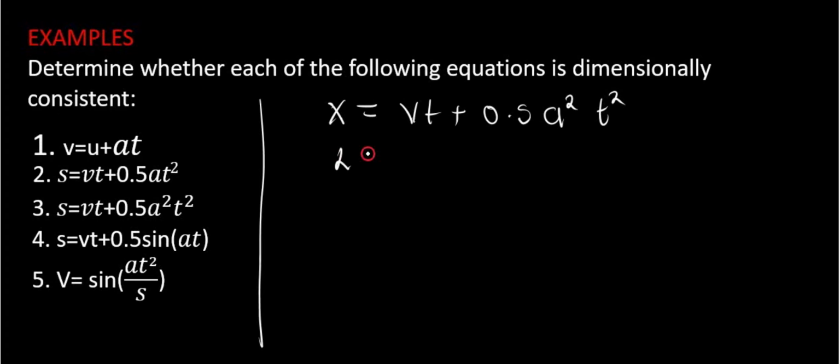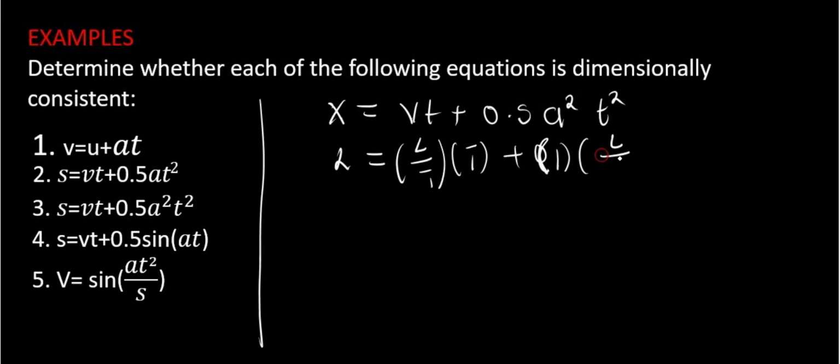So L equals the dimension of velocity, which is L over t, times t, plus 0.5, remember that's 1 in short, then there it will be L over t squared times t squared, meaning that you have L.